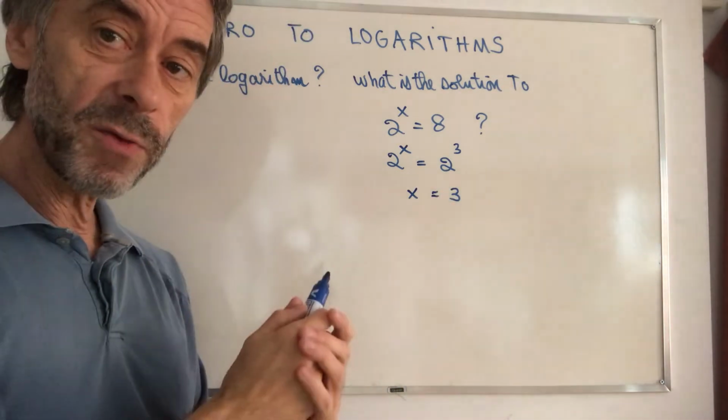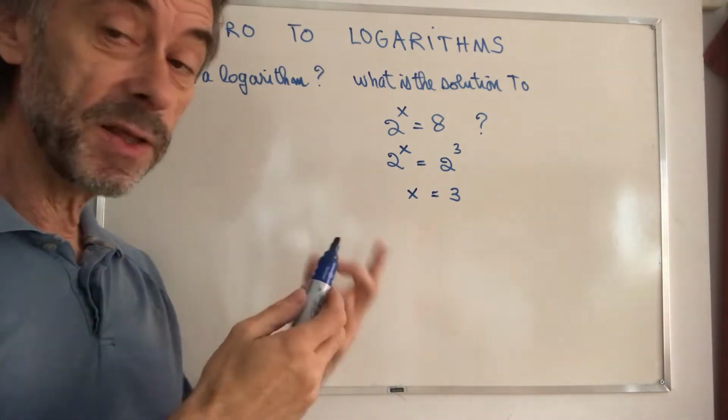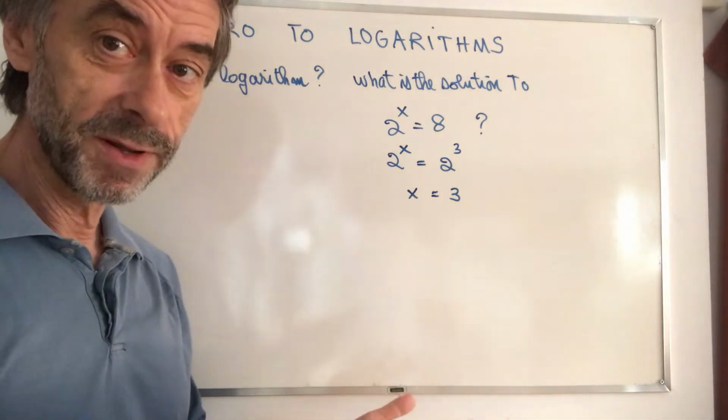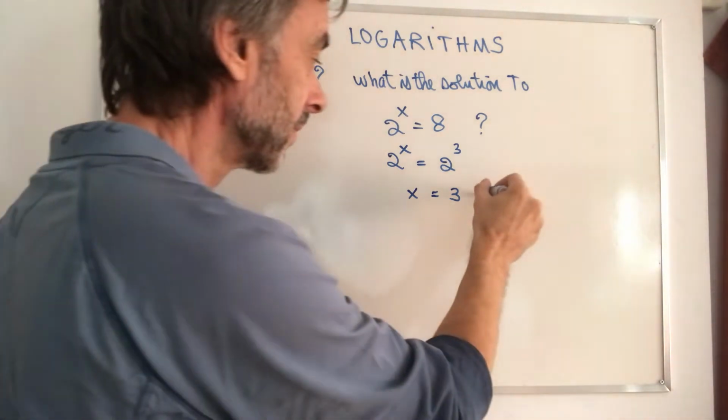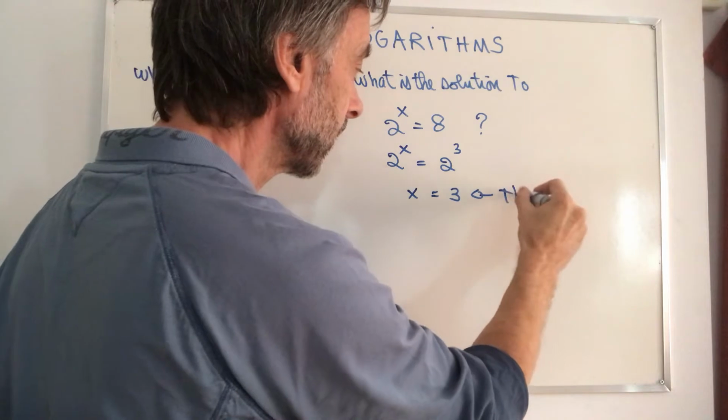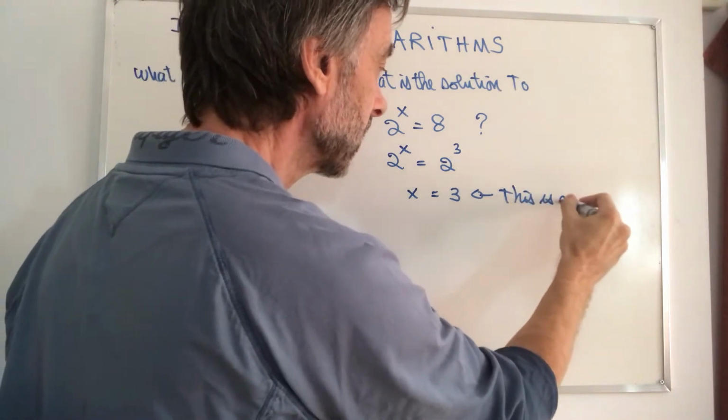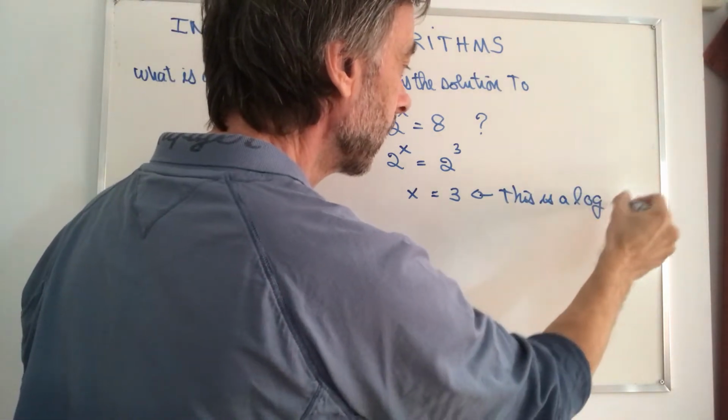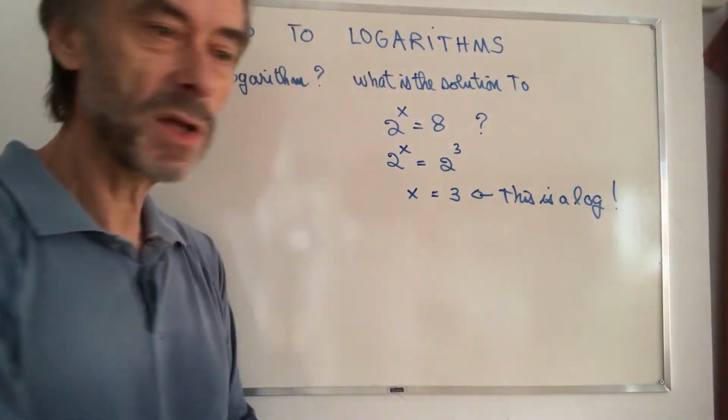Well, when you solve an equation like that, the answer you get is, believe it or not, what we call a logarithm. This is a log. This is a logarithm.